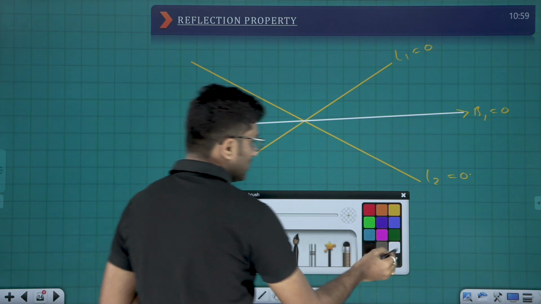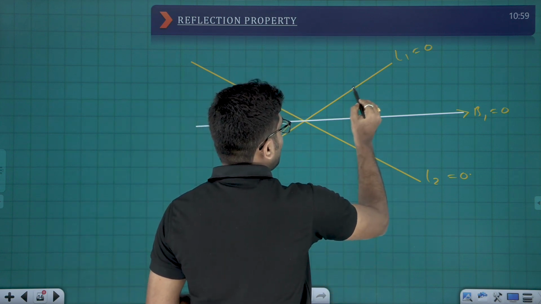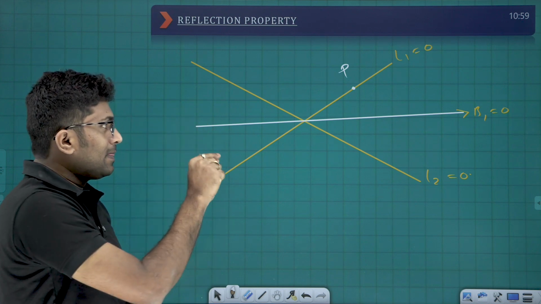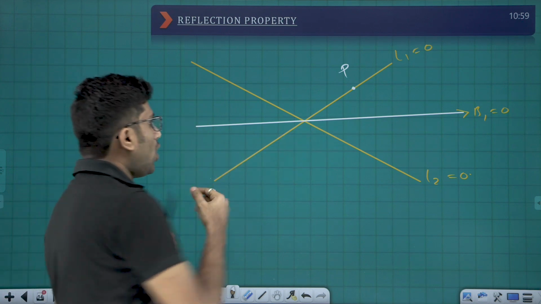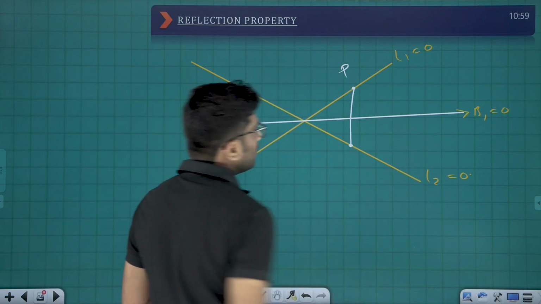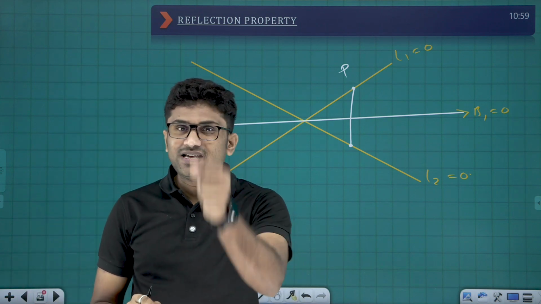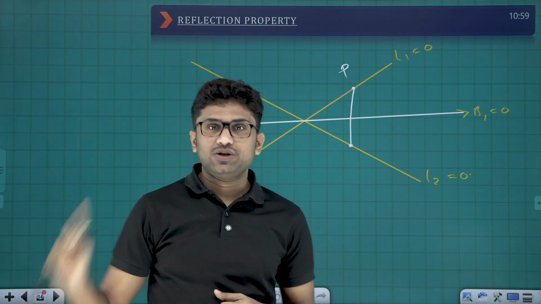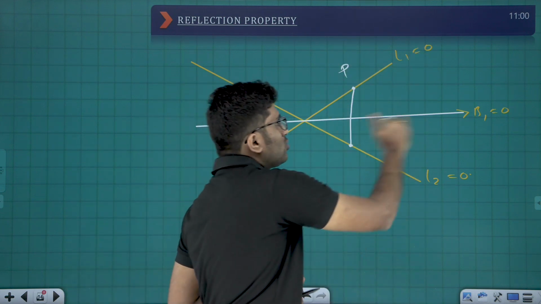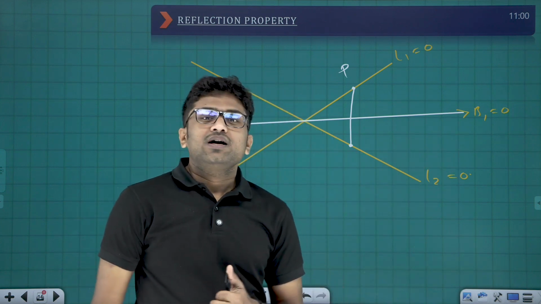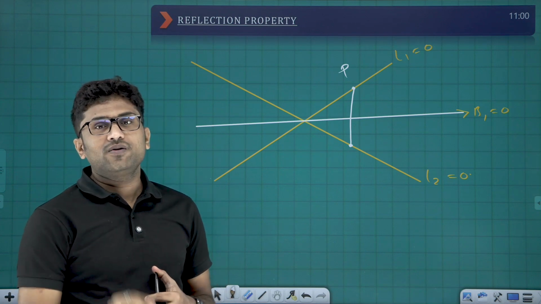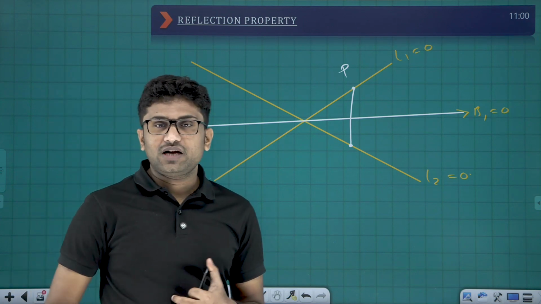The only thing is, the image of a point P, which is any point on L1 equals 0, in the line B1 equals 0 will always lie on L2. The image of P with respect to the bisector will lie on L2 equals 0. So the image of any point on L1 equals 0 with respect to the bisector will always lie on the other line, that is L2 equals 0. This is the most important reflection property that we have in straight lines.